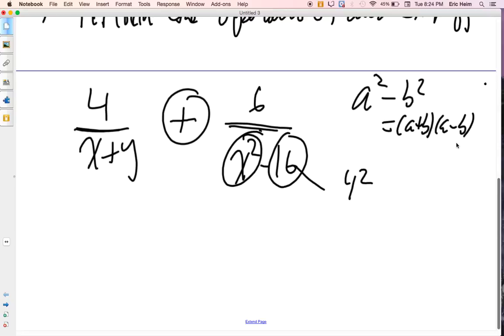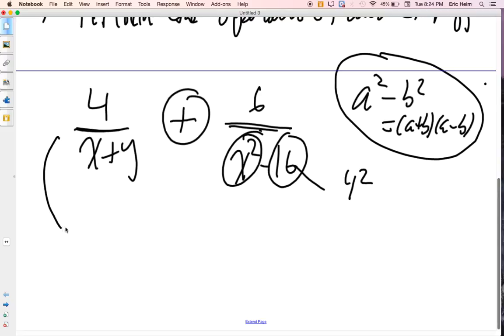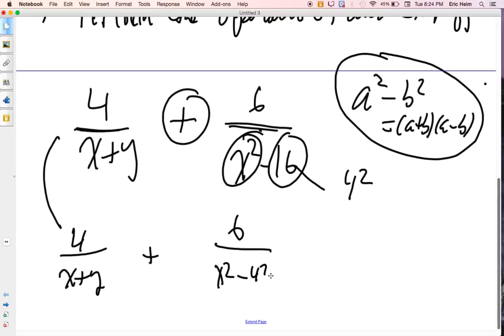You just have to memorize that because you've done so many of them. So now this becomes x squared minus 4 squared. So this one stays the same: 4 over x plus y plus 6 over x squared minus 4 squared.